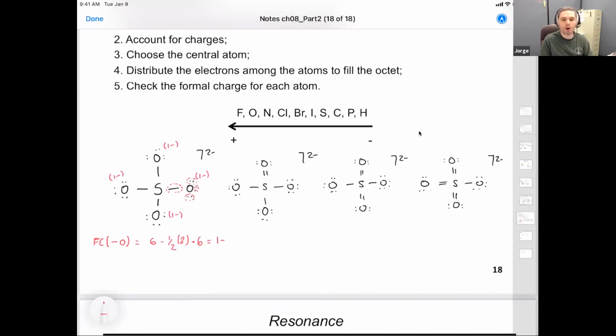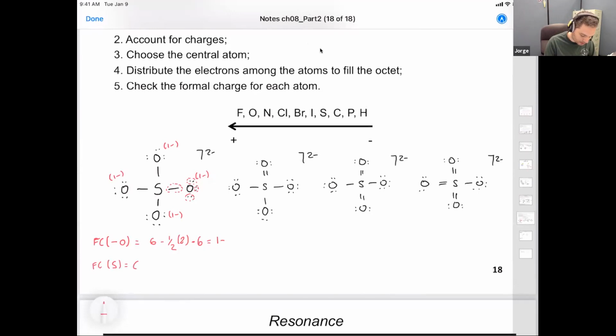Okay, so all the 4 oxygens have formal charge 1 minus. Now let's calculate the formal charge for the sulfur. I'm going to represent Fc between parentheses S.